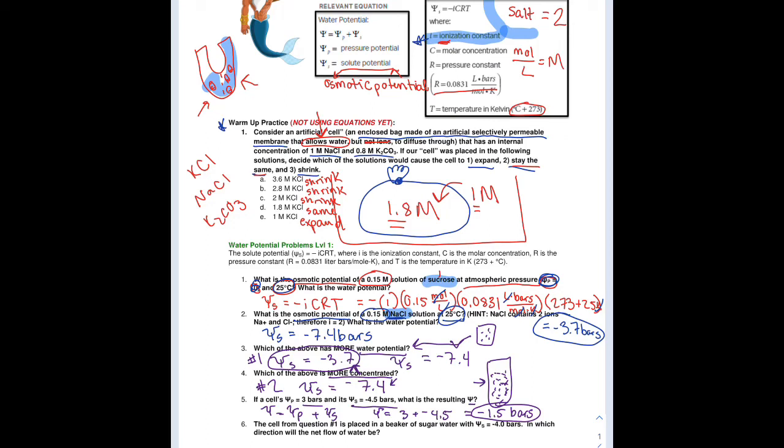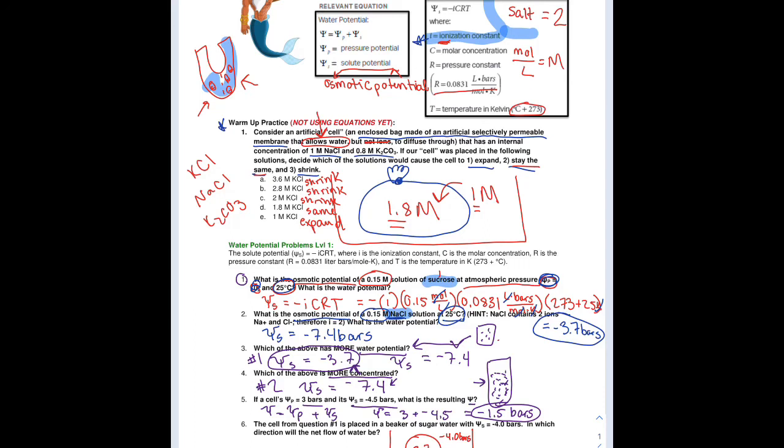Number 6. The cell from question 1 is placed in a beaker of sugar water with a solute potential of negative 4.0 bars. In which direction will the net flow of water be? Okay, so number 1, we have negative 3.7 bars, and we're putting that in a solution of negative 4.0 bars.